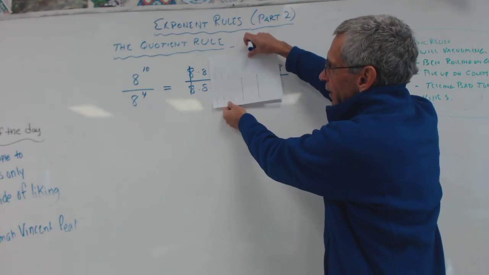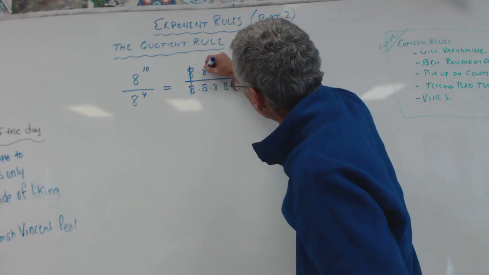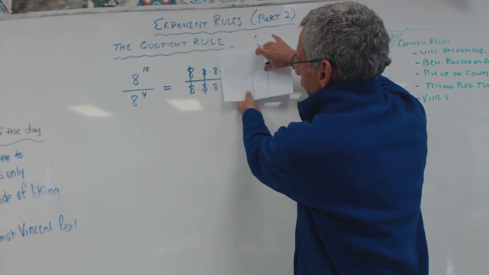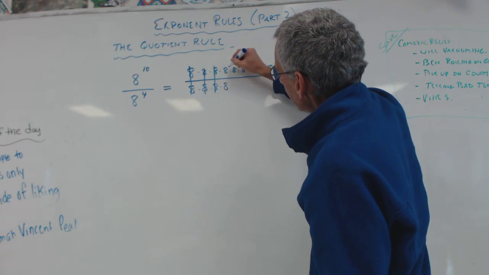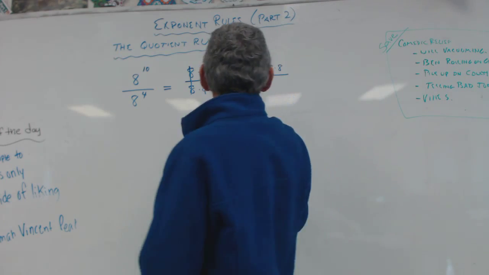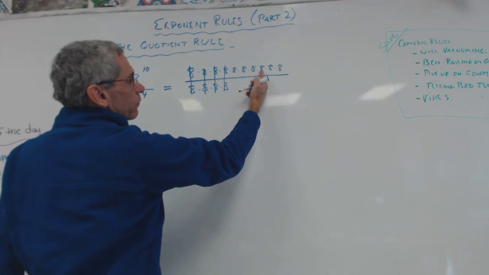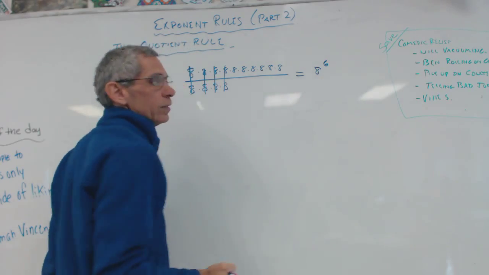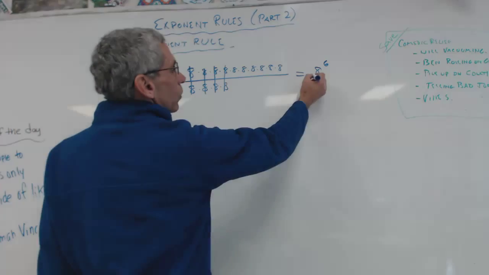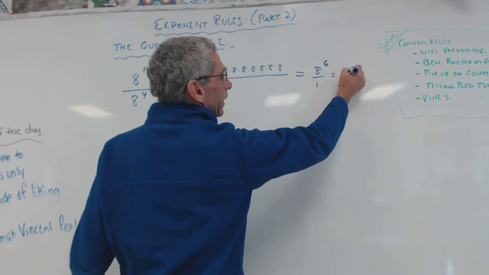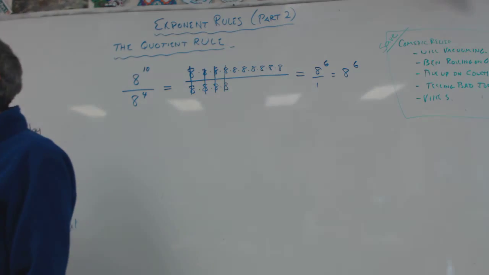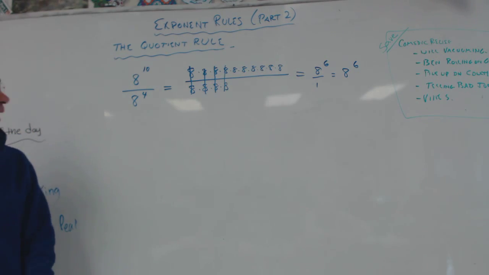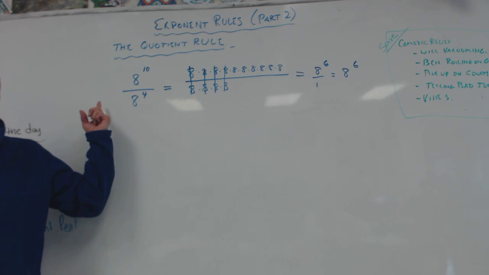Same for the next 8 over 8, I can cross those out. So what do I have left? I have 8 times 8 times 8 times 8 times 8 times 8. I have 8 to the 6th, technically over 1, but that's the same as 8 to the 6th, right? Now, do you see a shortcut?